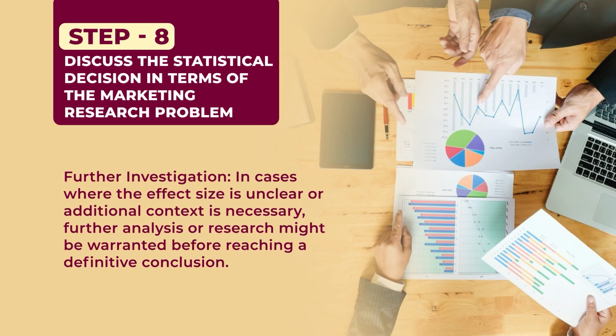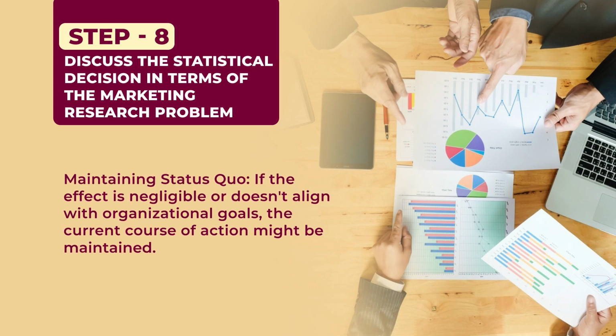The manager can go for further investigation in cases where the effect size is unclear or additional context is necessary. Further analysis or research might be warranted before reaching a definitive conclusion, or they may maintain the status quo. If the effect is negligible or does not align with organizational goals, the current course of action might be maintained.